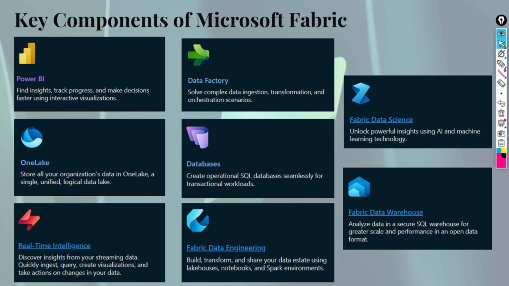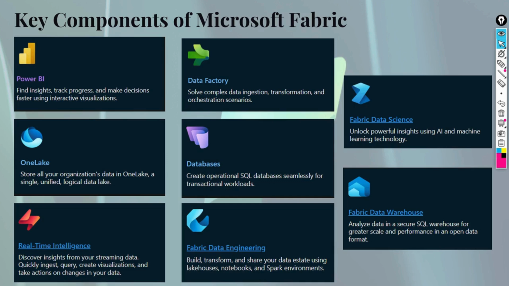These are the main components working behind the scenes, which we cannot see, but they do their flawless work. Power BI finds insights, tracks progress and makes decisions faster using interactive visuals. OneLake stores all the organization's data in a single unified logical data lake, so we don't have to wander here and there.